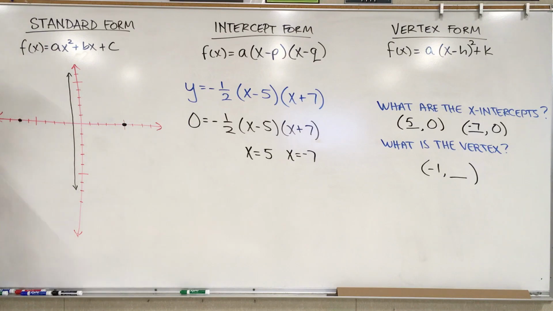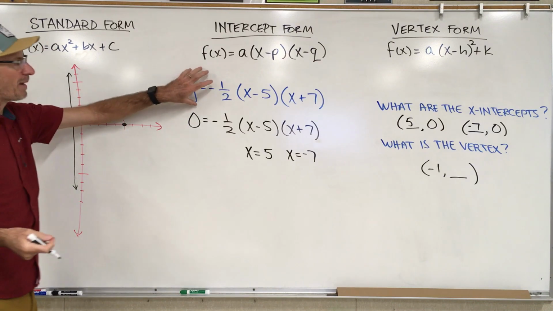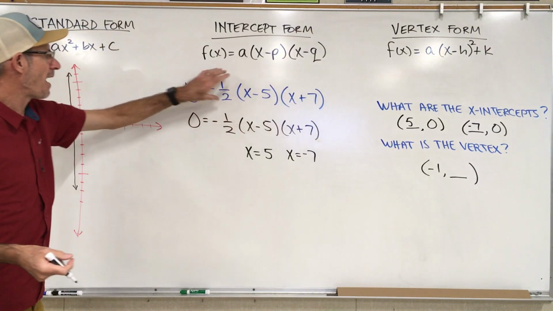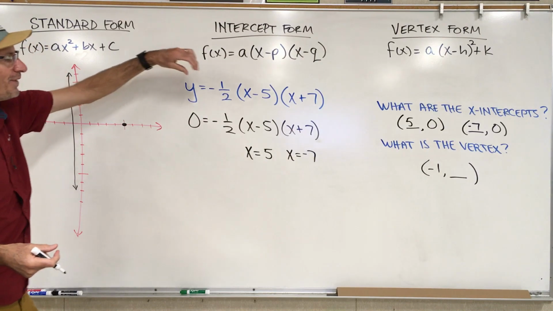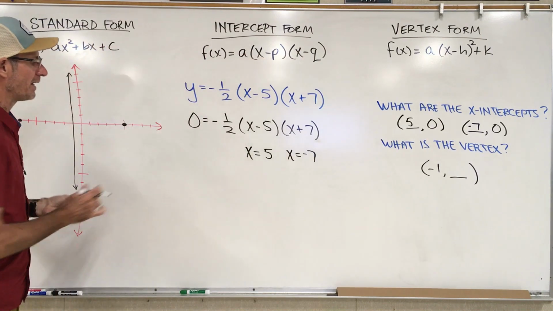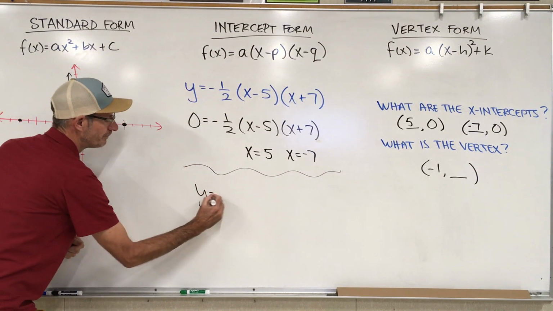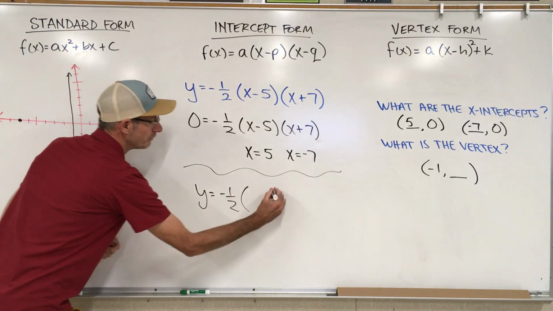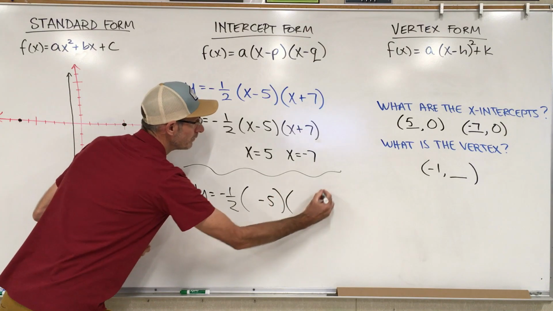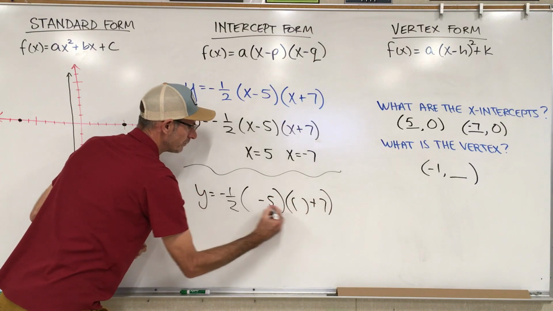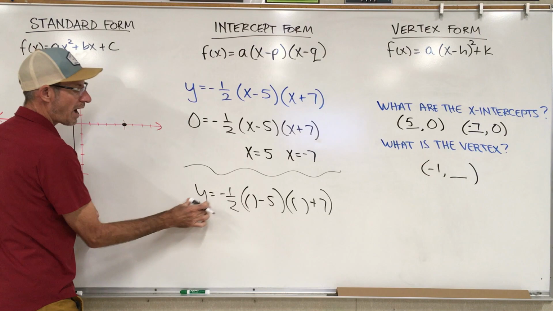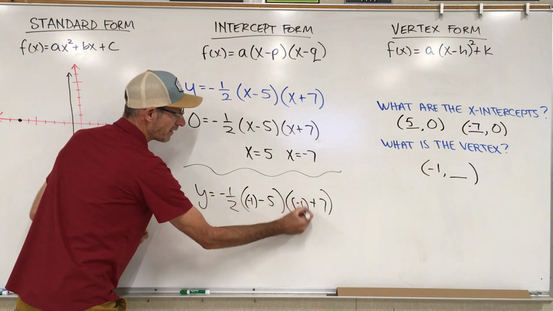Now to find the y-coordinate of the vertex, I have to go back to my original problem, and I want to find the y when the x is equal to -1.